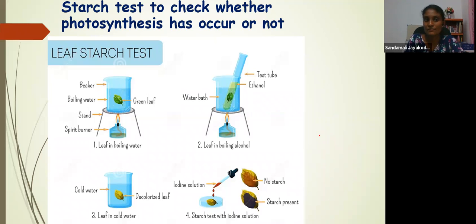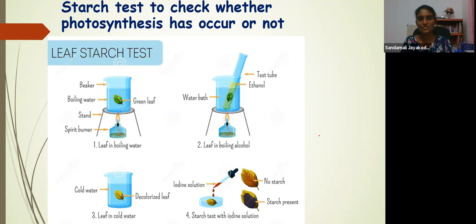I was discussing what happened to the glucose, how the water is absorbed, and how the carbon dioxide gas is absorbed. Now we have learned well about the mechanism of photosynthesis.